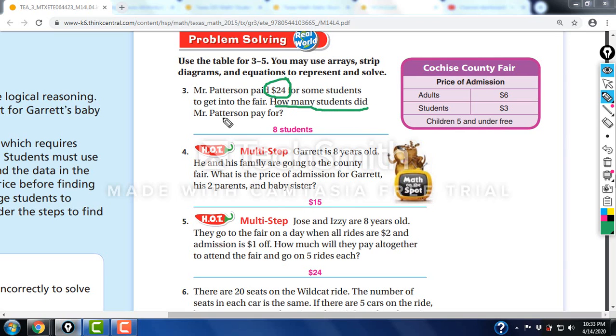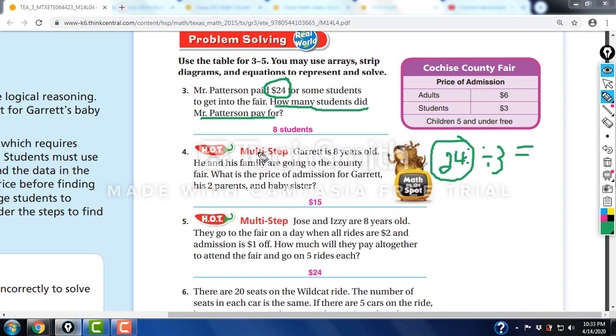How many students did Mr. Patterson pay for? So we know he spent 24. I already know that. Well, how much per student? I know the amount that he paid, and I know how much each student is charged. It's $3. Total amount, 24 divided by 3, that gives you 8.